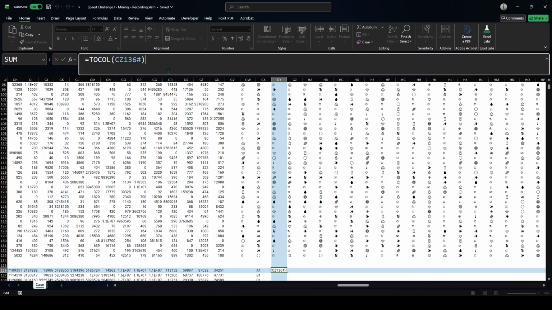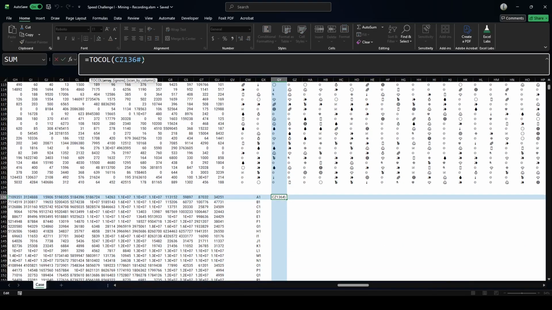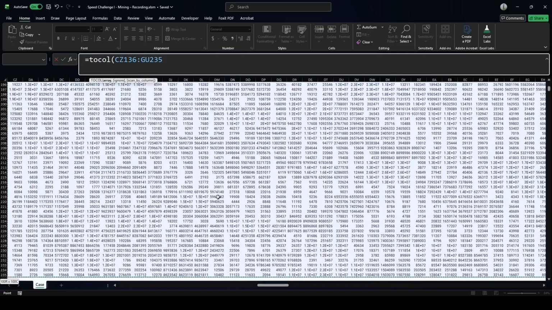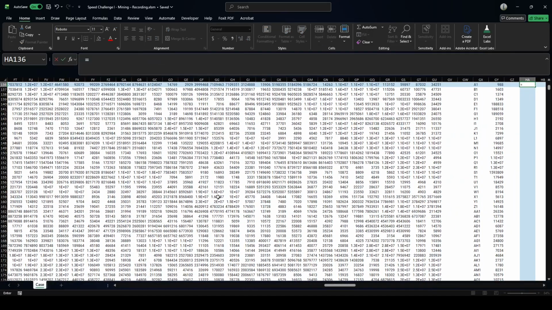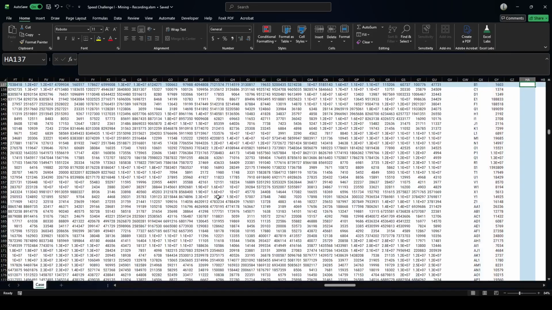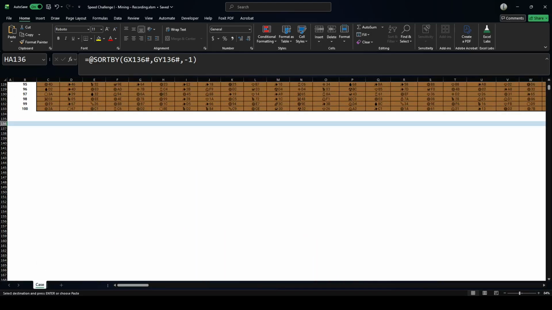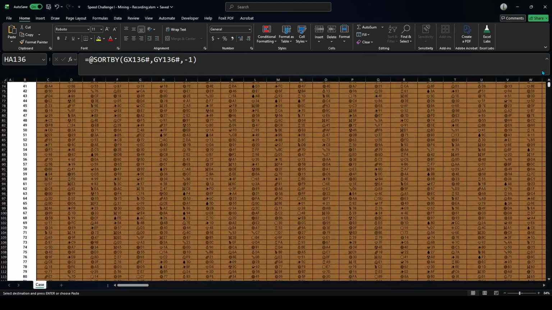Oh, because that's not an array, so I need to highlight the whole thing. There we go. Add sort by the addresses. I get AZ31. Let's see if that is the answer for this last one.